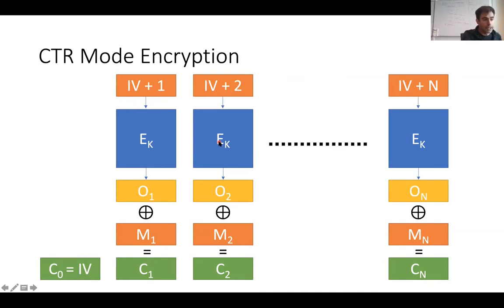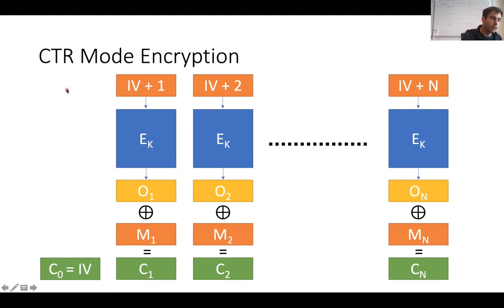So all the inputs to this AK are different, because you will never encrypt as much data as the possible values of the input. So all the inputs to the AK are different, and this will produce all of these outputs O1 to ON, which are going to be just some random looking values, which you can then use to XOR one by one with the message and get your ciphertext blocks.